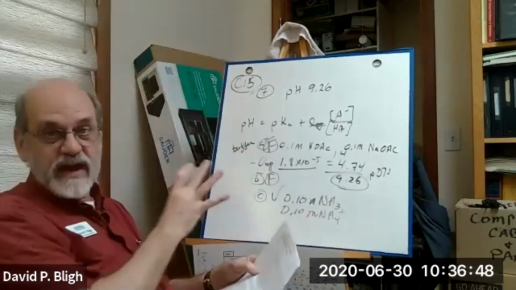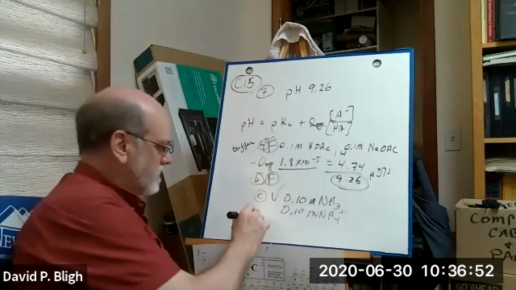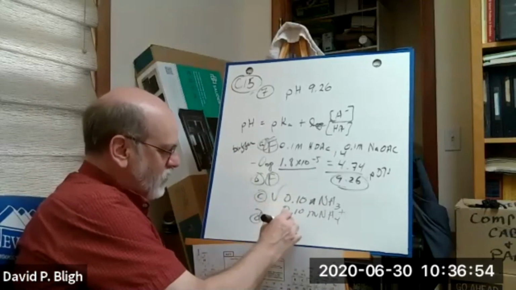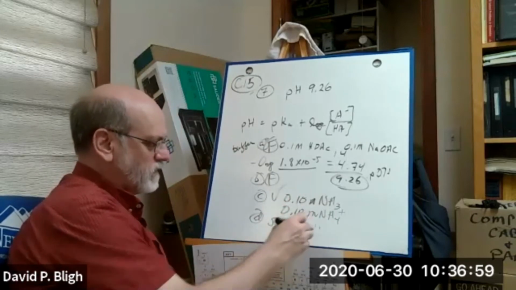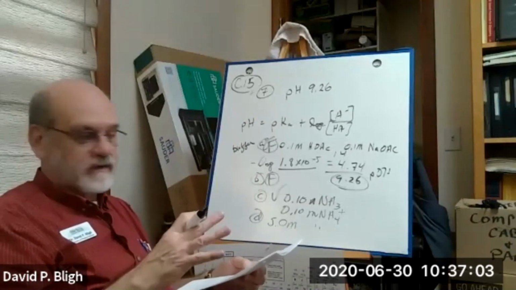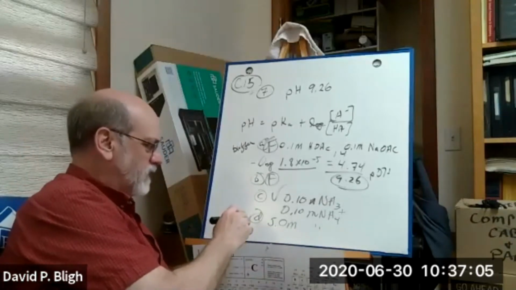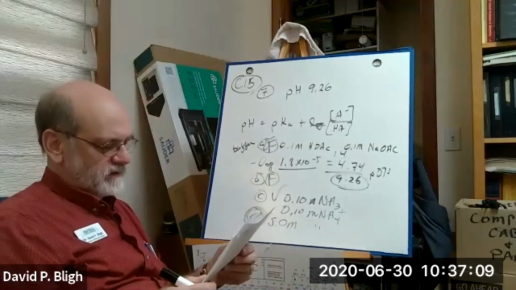Right. So that satisfies. But D is 5 molar of each one of those. So it has a higher buffer capacity, but the ratio is right. So they're both buffers, but D's better.